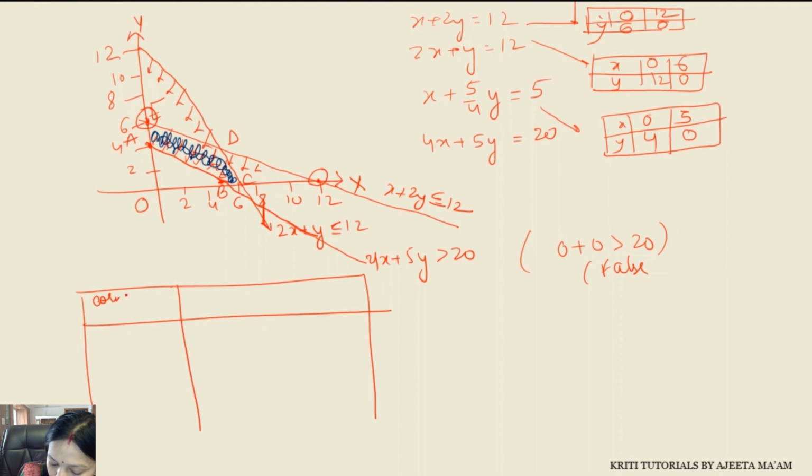Now this is corner points and this is Z max, and that was 600x plus 400y. Right? Corner points क्या क्या है हमारे पास? एक है 0, 4, it is A. What is B? 5, 0. What is C? 6, 0.